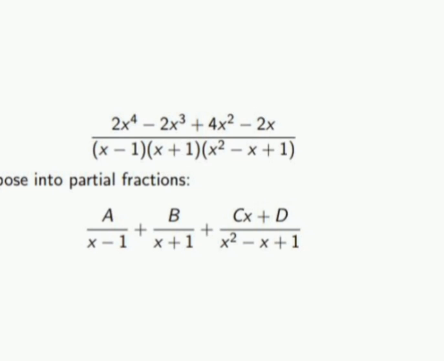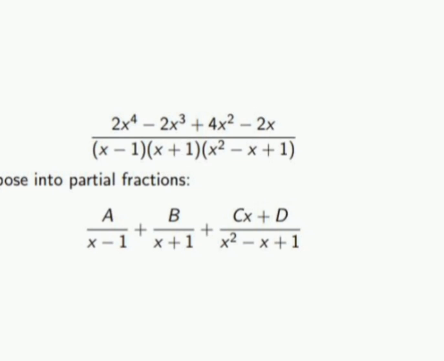So this is a linear and a quadratic denominator. Whenever you see a partial fraction that has a linear denominator and a quadratic denominator, what you do is you separate.